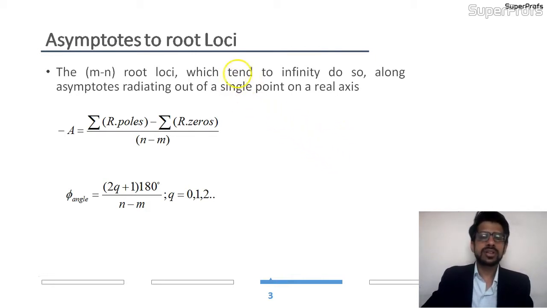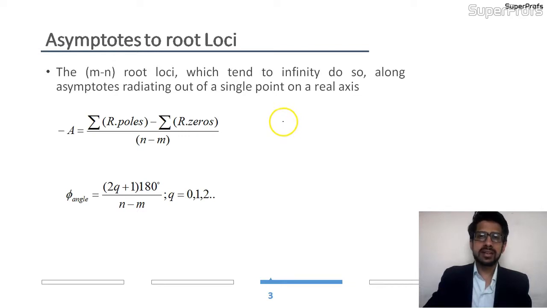Asymptotes to root loci. The n minus m root loci which tend to infinity do so along asymptotes radiating out of a single point on the real axis. In the previous rule that we saw, n minus m root loci segments travel towards infinity.